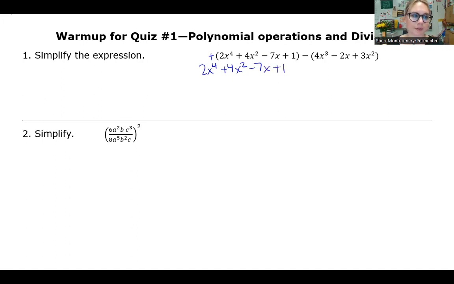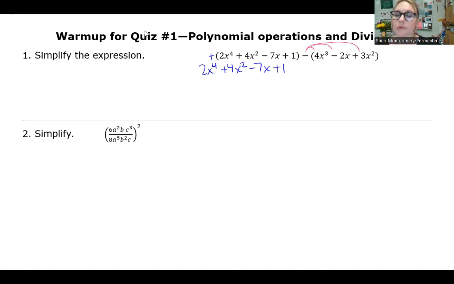The second set of parentheses, this one has a minus sign in front of it. If there's a minus sign, that means you have to do something. Some quiz versions have a minus here. Some of them have a plus. If you have a minus, you need to distribute it in. And if you have a plus right here, all you do is rewrite what's in here in parentheses. It doesn't change. So if you have a minus, what you do is you change the sign of everything.